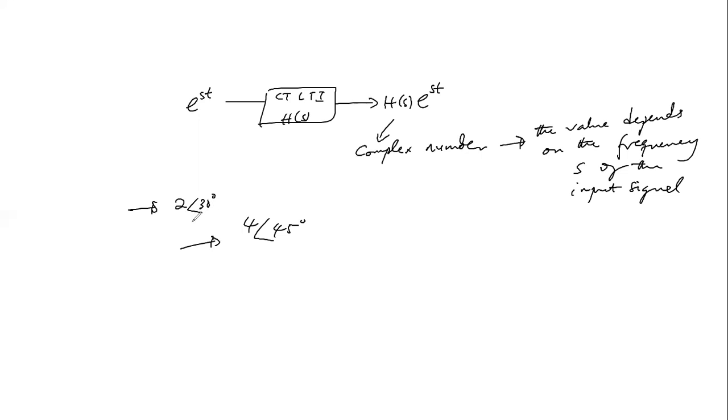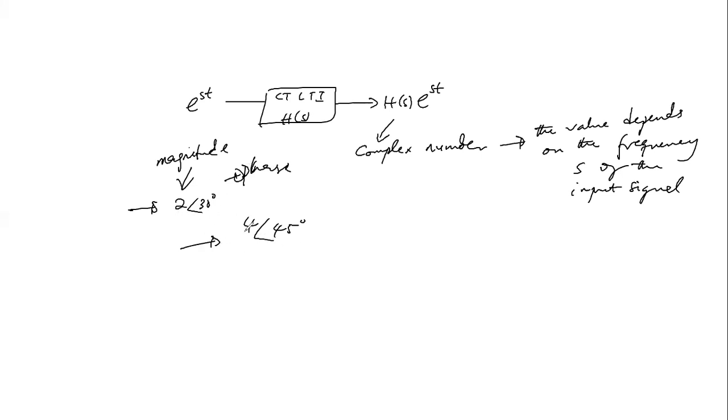So if I multiply these signals, what will happen? It will change the plane. Something will happen to the magnitude, and something will also happen to the phase, because the angle will change.